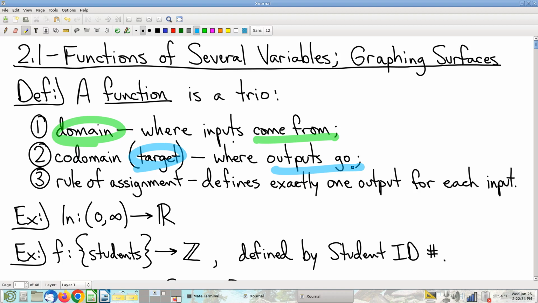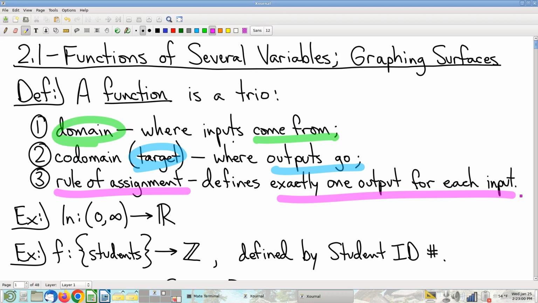Where the outputs go to, what the outputs land on, that's the target. And then the third thing is what I'm going to loosely call the formula. Of course, it doesn't always have to be an algebraic formula. It might be something else. I'm going to show you such an example in a minute. But it's the rule that tells you, given an input, what is the corresponding output.